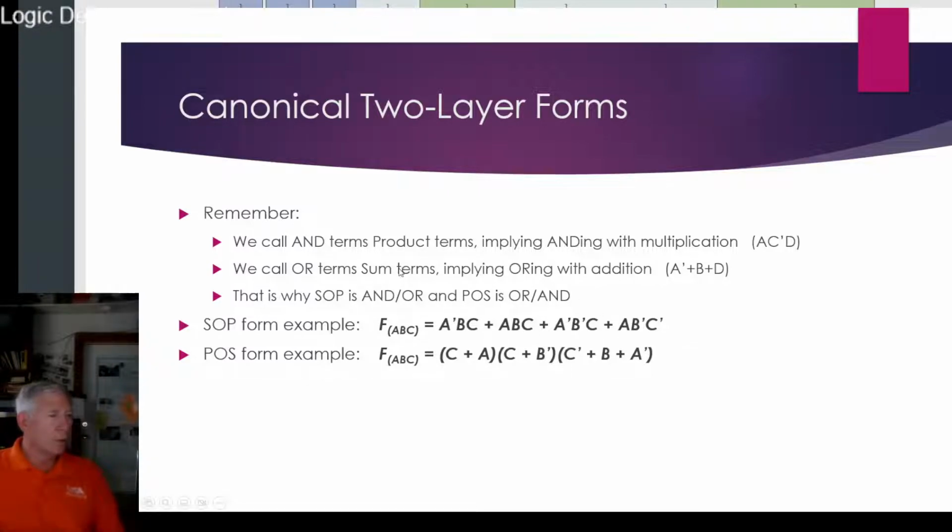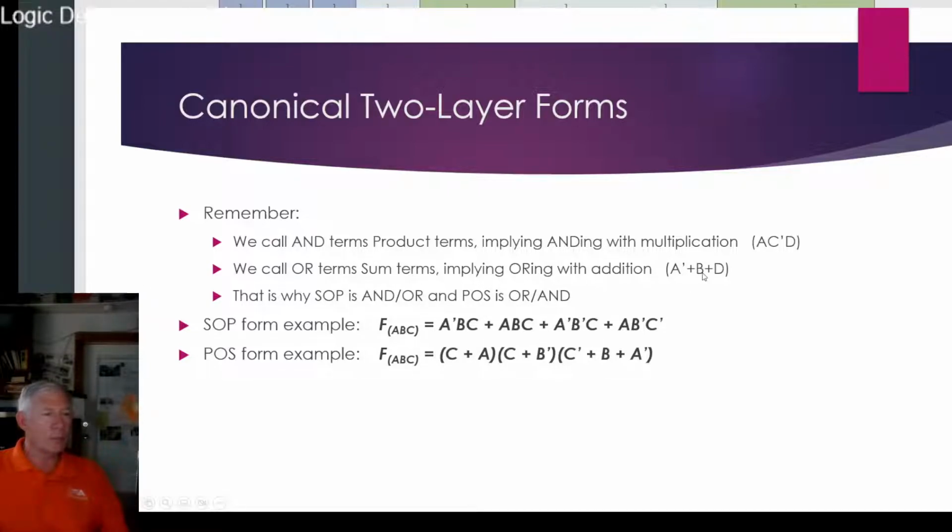So remember that when we write SOP, we're using AND terms. We call those product terms, and we imply ANDing with multiplication, like this, A times C prime times D. That's an AND gate. We call OR terms sum terms, and we're implying ORing with addition.